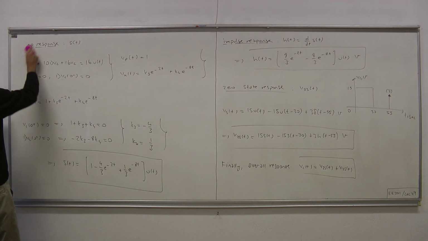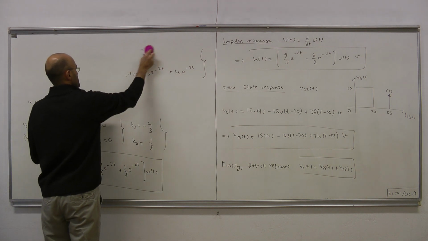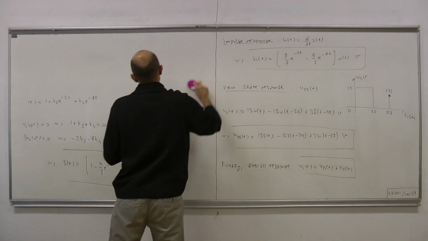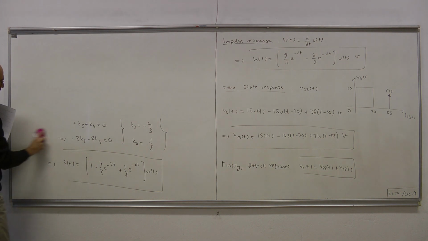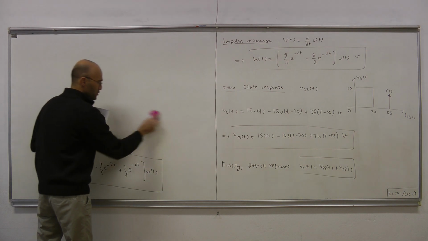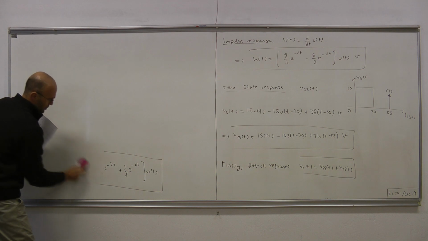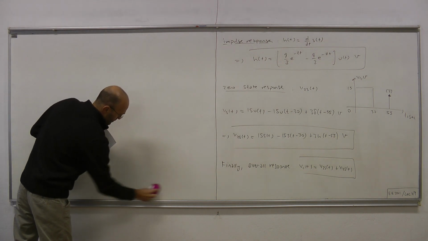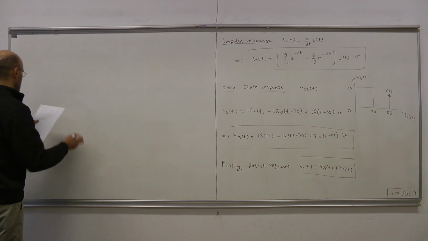In our last example, final example, we're going to consider again a second order circuit, which is neither parallel nor series, but it can be reduced in some sense to one of those topologies. We'll see how. Okay.